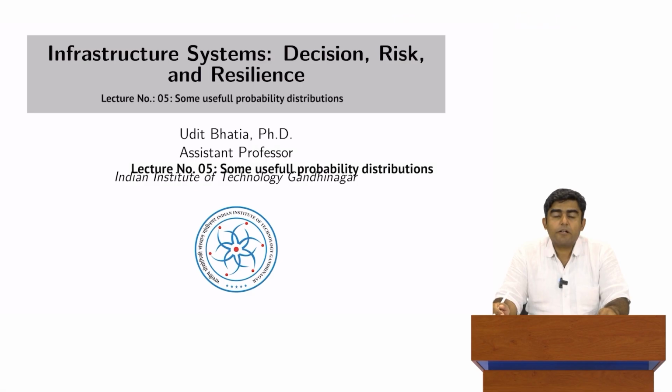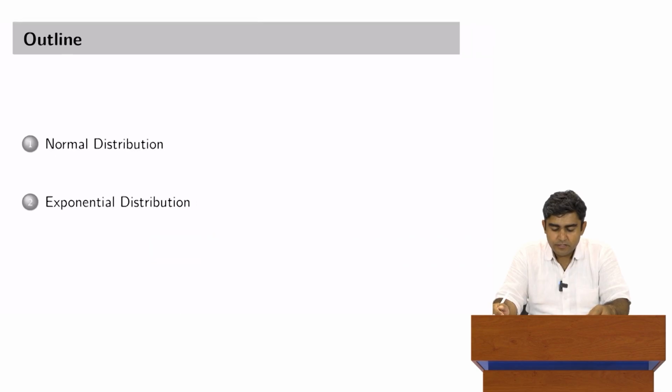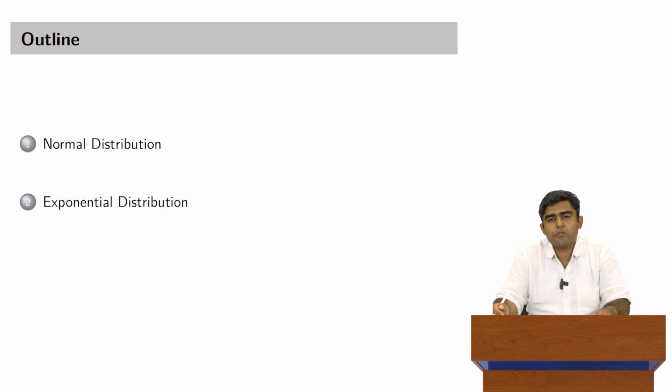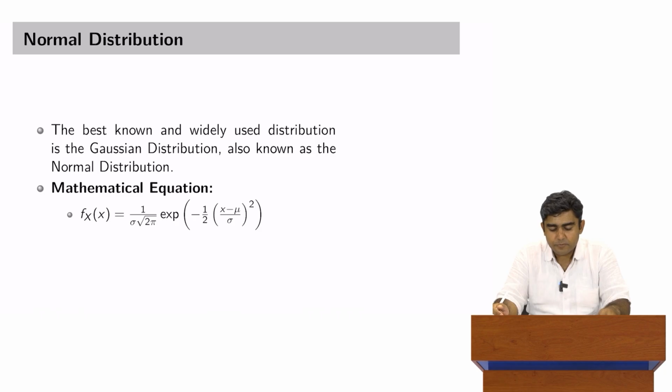So, welcome to our next lecture of Module 2 on some useful probability distributions. In this particular module, we are first of all going to focus on continuous distributions, that is, normal distribution and exponential distribution, and then we will talk about discrete distributions that we already specified in our last lecture.